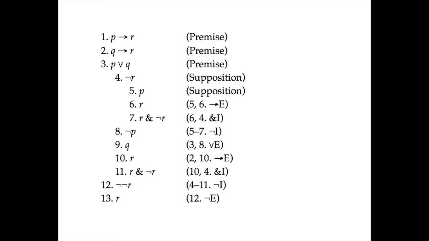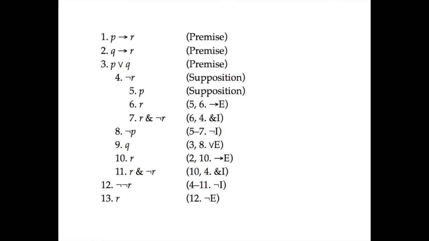And now if you look at line 8 and line 3, it proves Q. All right, by or elimination. So line 9 says Q. And now if you look at line 9 and line 2, that proves R by our arrow elimination rule. And line 10 contradicts line 4. Okay, so on 11, we write down the contradiction using our and introduction rule.